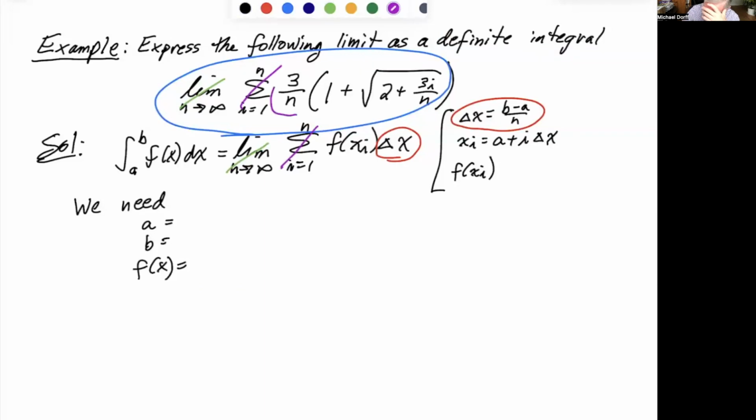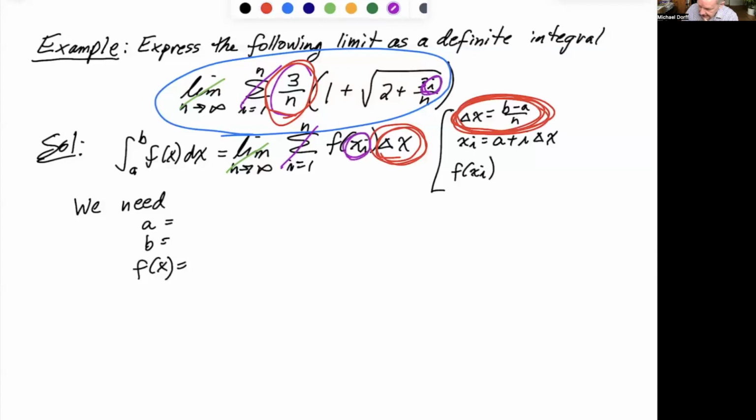Well, it's going to be the 3, now let me do it in red. The 3 over n is going to equal the delta x. How do I know that? Well, one thing is I know that delta x will have an n in the denominator, because that's what we have here in the formula to the right. The second thing is the f of x sub i has an i in it, and there is an i over here.